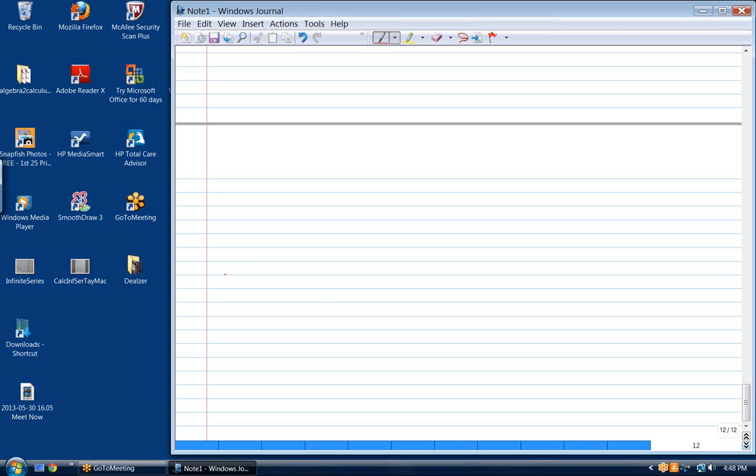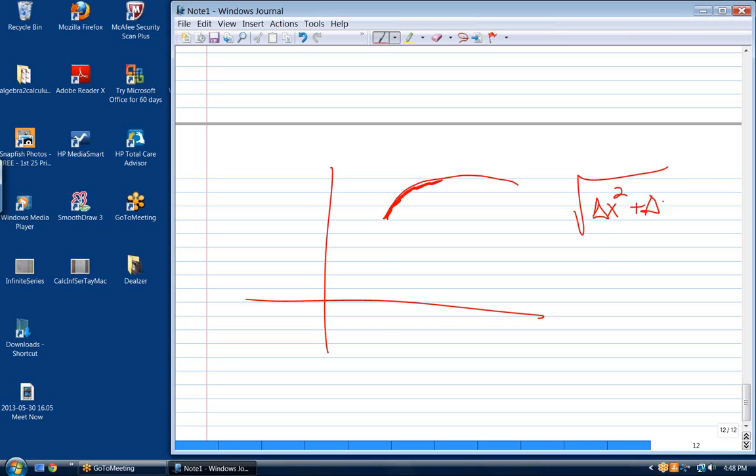Well, when you are analyzing arc length, you're breaking up each arc into a hypotenuse. And that hypotenuse is equal to the square root of delta x squared plus delta y squared.